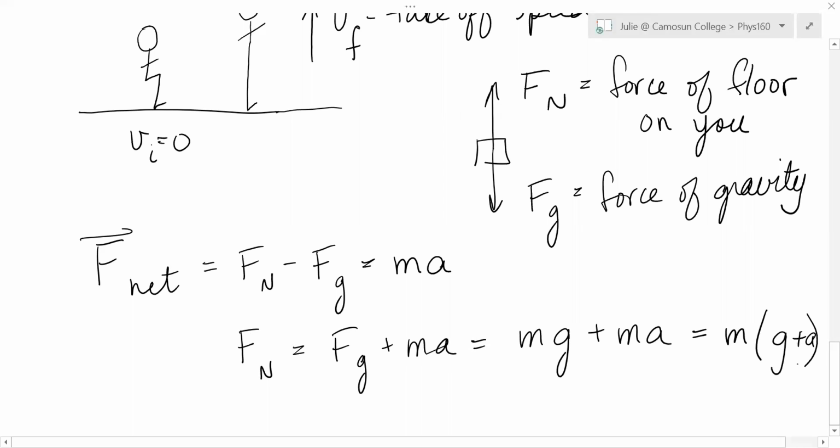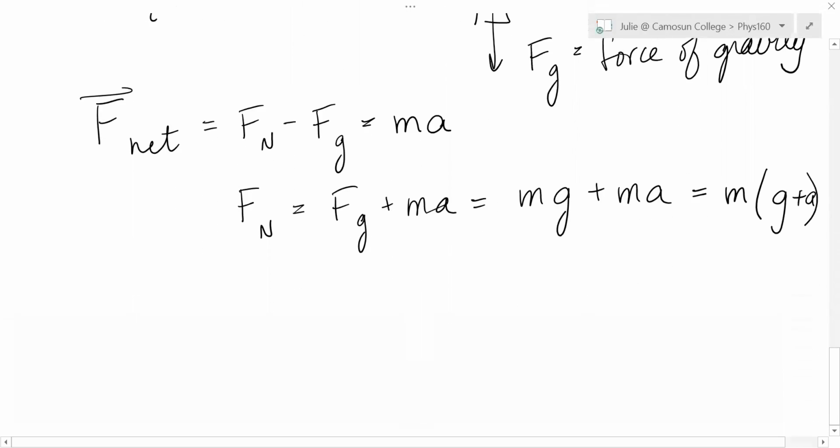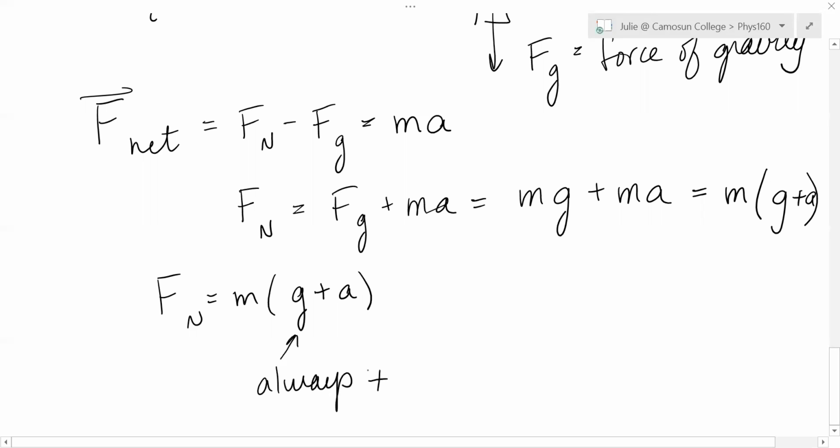And this is kind of a handy little equation. So Fn is equal to m(g plus a). Remember, g is always positive, and it equals 9.8 newtons per kilogram. This is not an acceleration. This is just the strength of the gravitational field used to get the force of gravity. That's always positive. This is your acceleration.